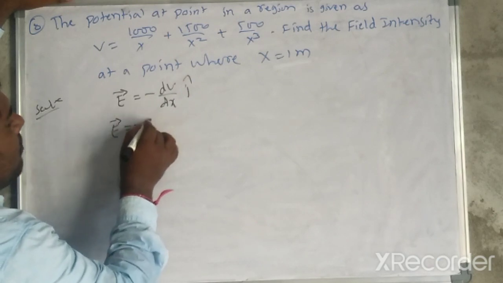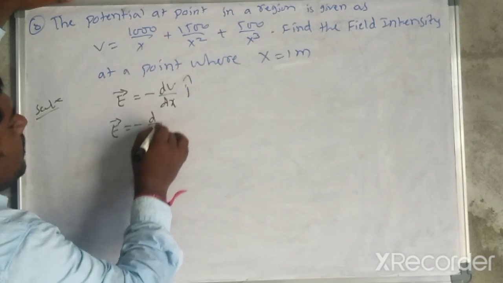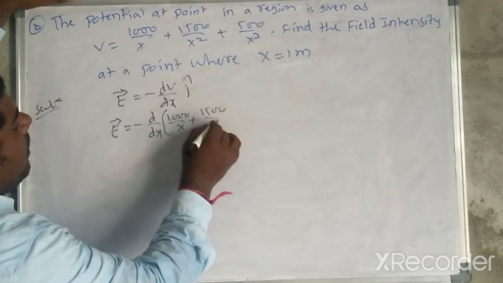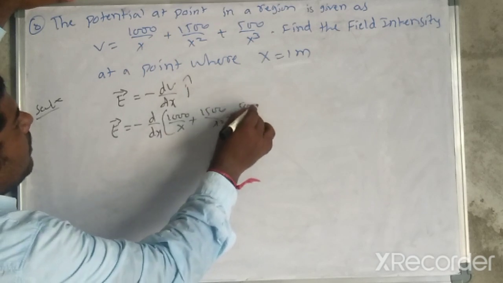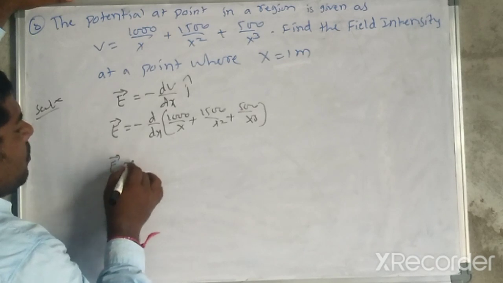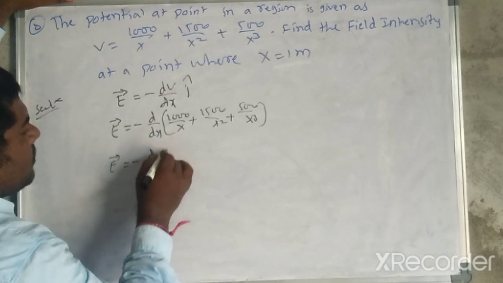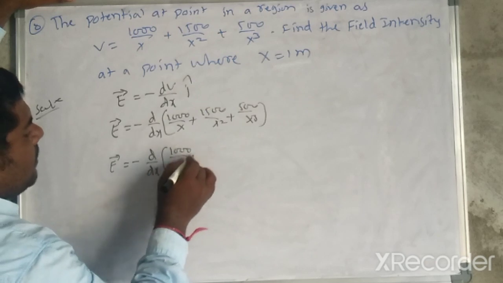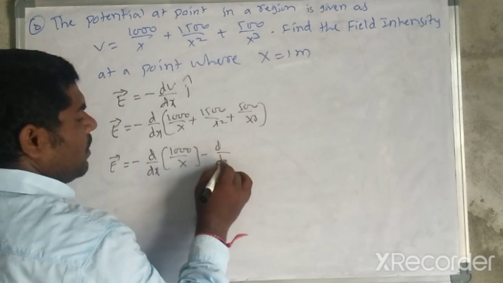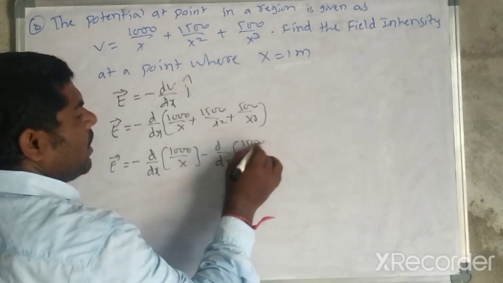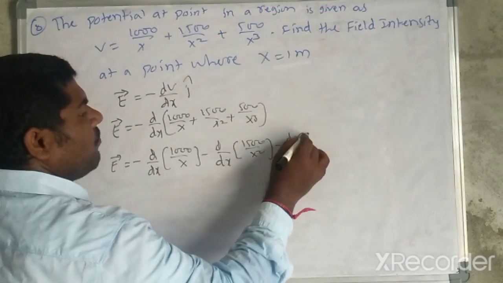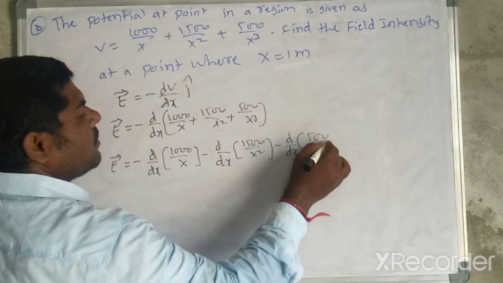So E bar is equal to minus dV by dx of 1000 by x plus 1500 by x square plus 500 by x cube. Differentiate each term: minus d by dx of 1000 by x, minus d by dx of 1500 by x square, minus d by dx of 500 by x cube.